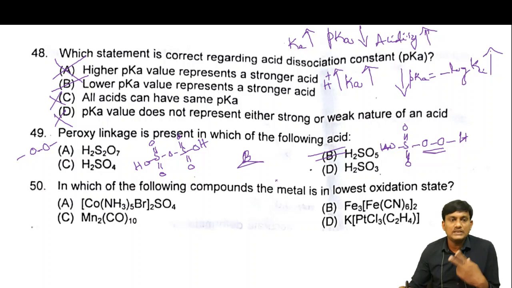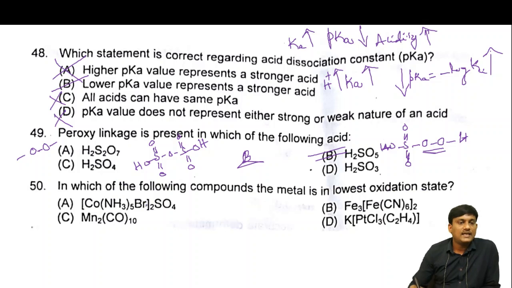In which of the following compounds is the metal in the lowest oxidation state? Let us calculate the oxidation state. With SO4 2-, the complex is 2+, and with bromine it will obviously be 3+. In this one the complex is 3+. With CN 6 minus, the complex is 3-, so Fe is 3+.